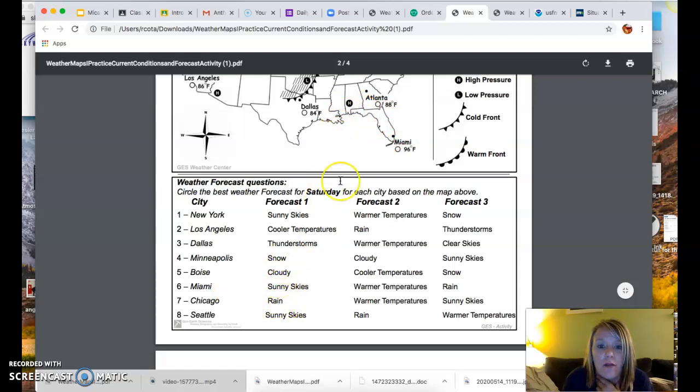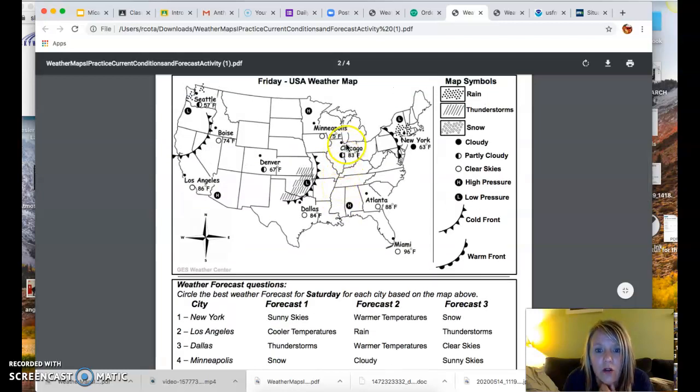Chicago, Chicago looks like it's partly cloudy here. What's coming at Chicago? We've got this big patch of pretty high pressure right here. It's right north of a cold front.